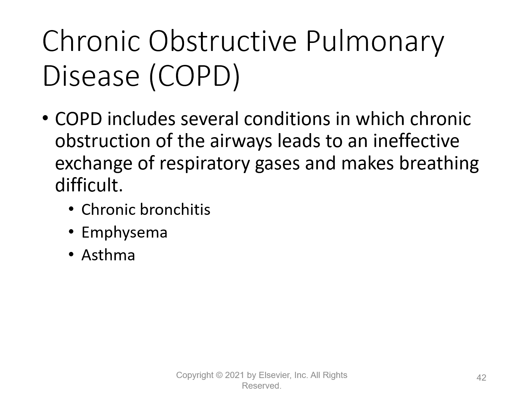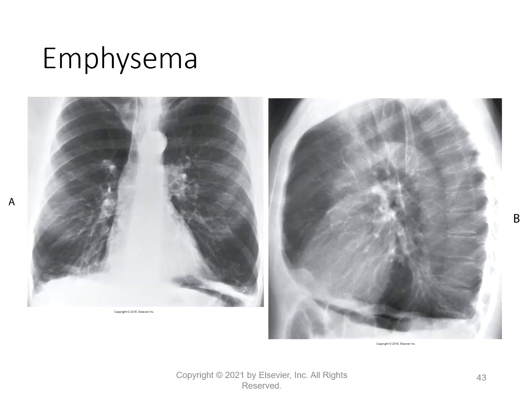Like I mentioned, chronic obstructive pulmonary disease is an umbrella term that encompasses a number of other actual pathologies. Some of the conditions that it encompasses would be chronic bronchitis, emphysema, and asthma.